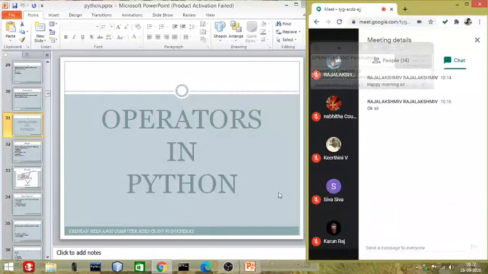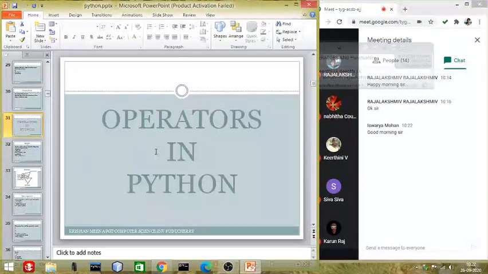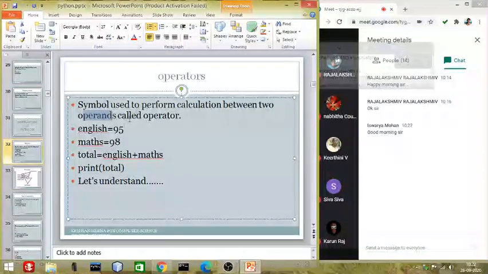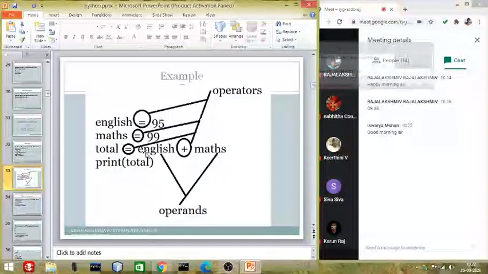Now again today we are going to revise yesterday's topic, operators in Python. We saw yesterday that the symbol used to perform calculation between two operands is called an operator. We understood the meaning of operands also. See this example.